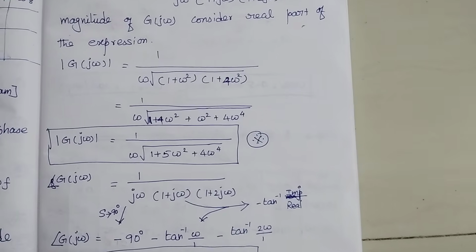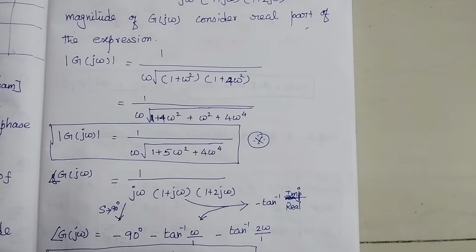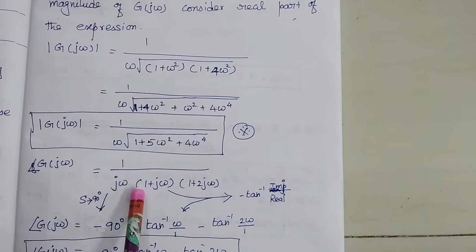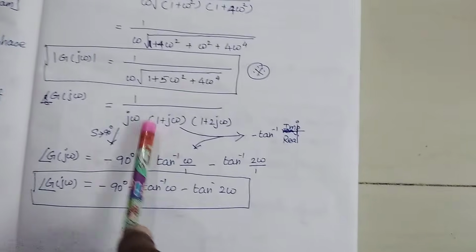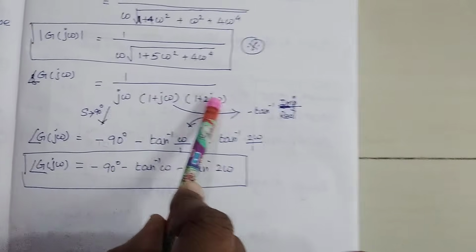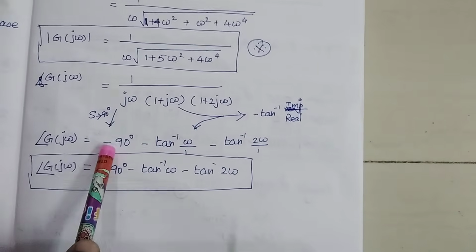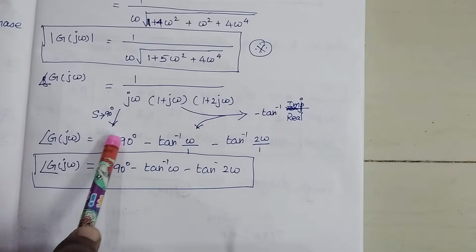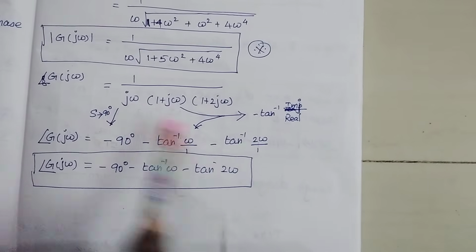Then find the phase angle of G(j omega). From this expression, in the denominator side we have all the s terms, so all the s terms come with a minus value because they are in the denominator.